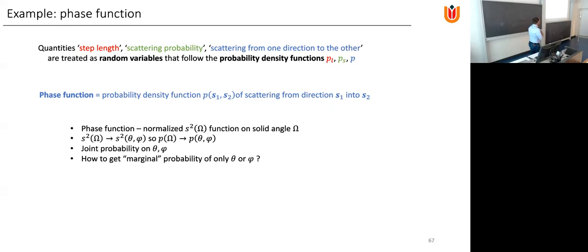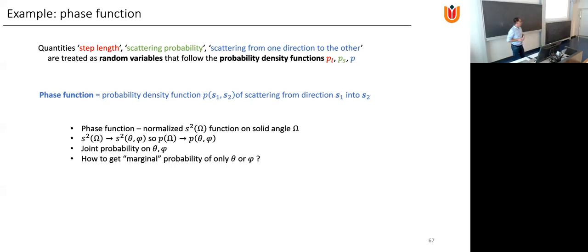There's one small caveat, or one small step, that we need to take. The phase function was normalized as a function on solid angles, so both on theta and phi together. If we call the solid angle omega, we could write this function of omega as a function of both these angles, theta and phi.